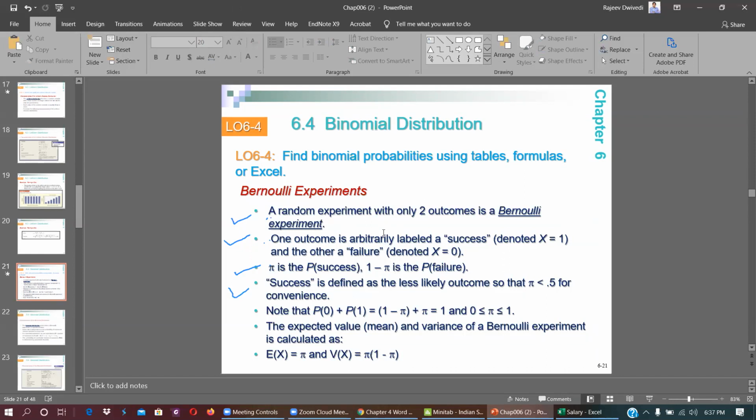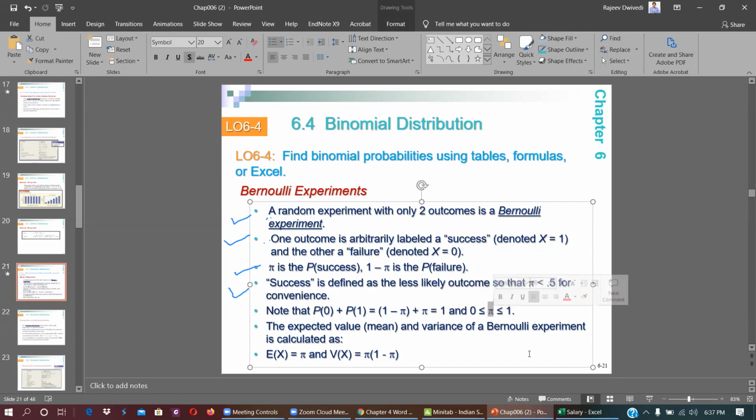There's no problem doing the problems on Minitab, but the problem is to identify the right distribution, because in this chapter we have 5 or 6 distributions. So never get confused between binomial and Poisson. Therefore I'm putting my emphasis here. The total probability is 1, and pi is always between 0 and 1.